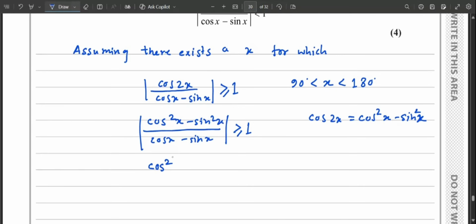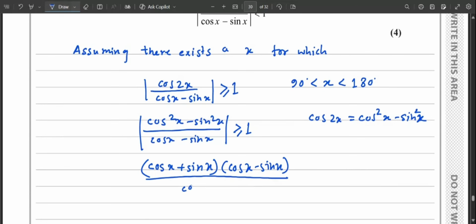So this will be equal to cos x plus sin x into cos x minus sin x, divided by cos x minus sin x, with modulus, greater than or equal to 1.